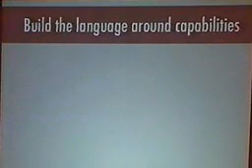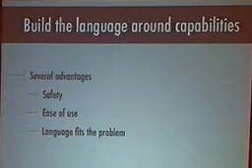Okay, so building the language around capabilities, there are obvious advantages to doing this. You can be absolutely sure that the language really does provide the properties you need to implement capabilities. You can design the language so that capabilities are easy to use. They're not awkward like they would be in a standard language that you've somehow figured out how to do capabilities in.